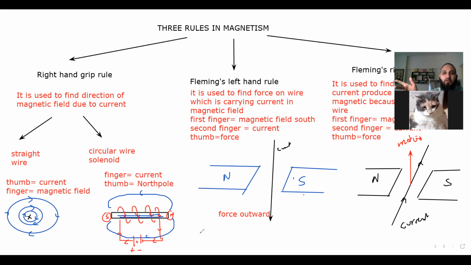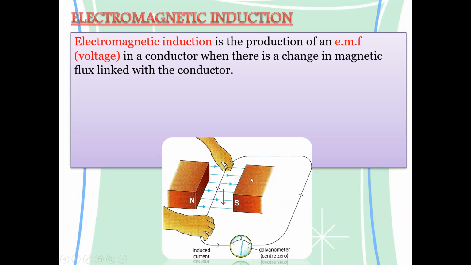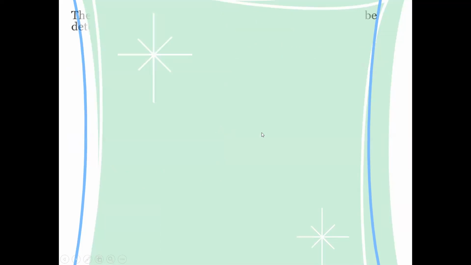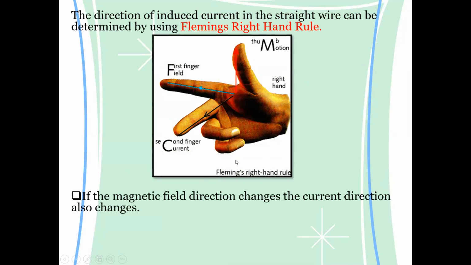So the current will move inwards, and the inward direction according to the question is this way. So this is the right hand rule basically, not the grip one.